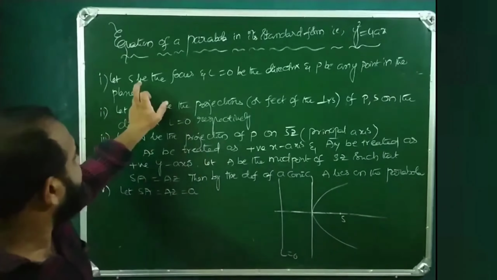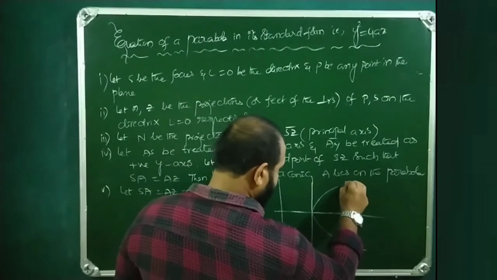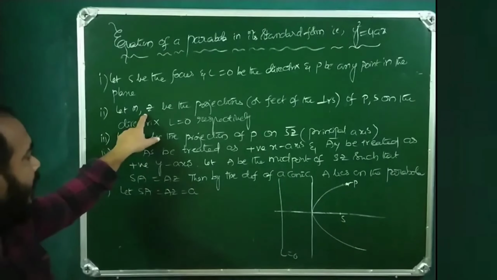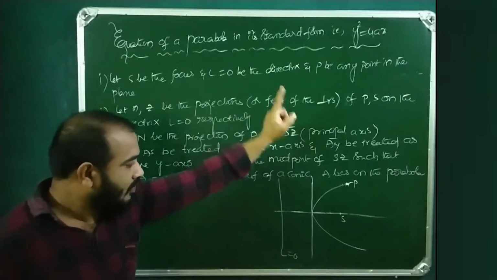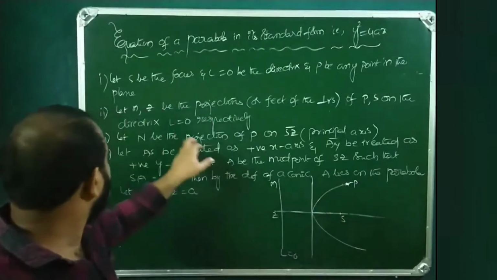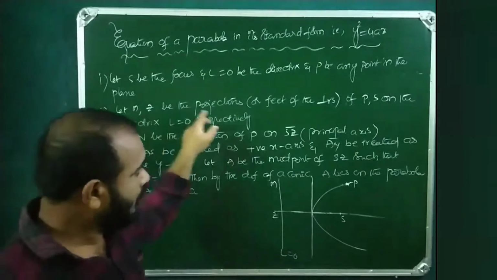So in this plane, I'll take P to be this point. M, Z be the projections, or feet of the perpendiculars. M is the projection of P and Z is the projection of S on the directrix L equals to 0. Therefore, this is L equals to 0, the directrix.